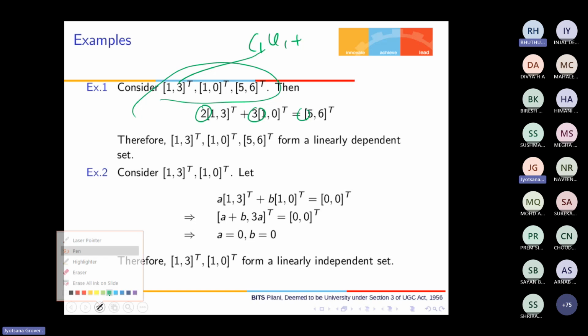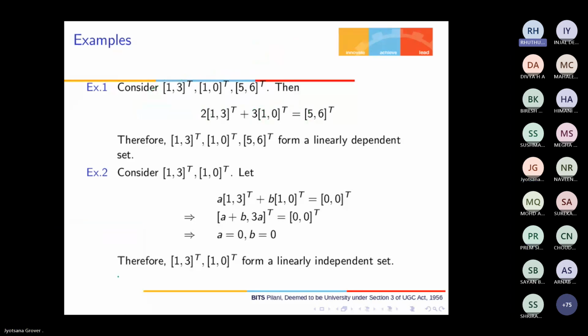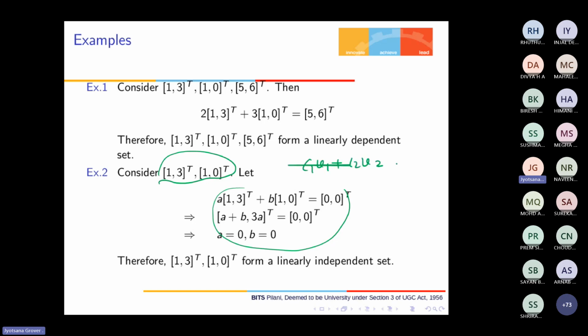See, the target is, okay, let me take one more example. Second example: we have to find whether this set of two vectors is linearly independent or not. So let C1 V1 plus C2 V2 equals 0. This transpose means vector.